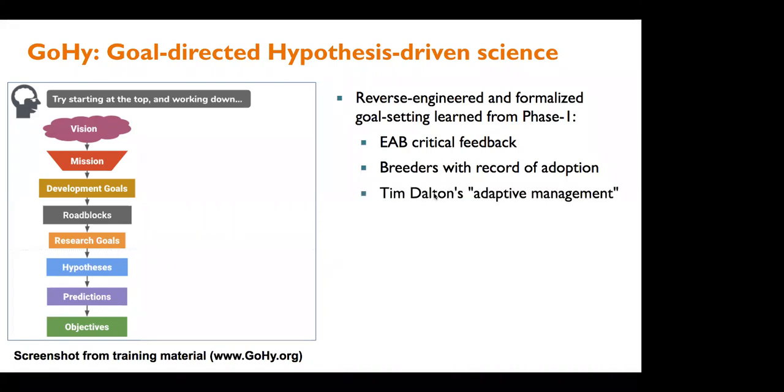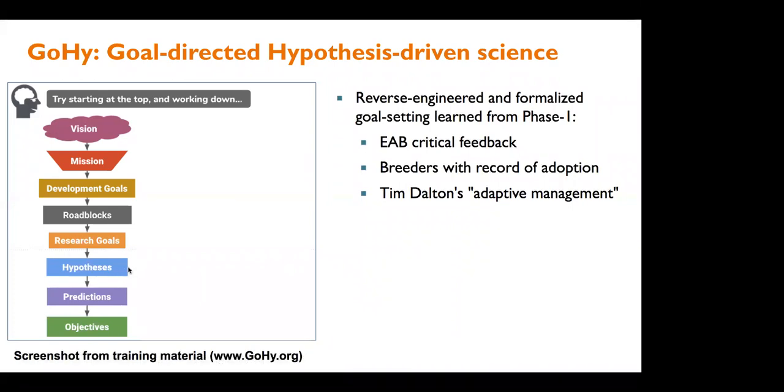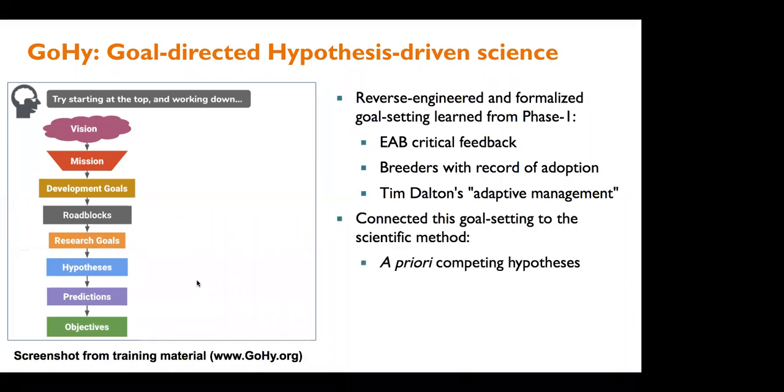And then I really tried to formalize what Tim was doing with me, adaptively managing. I realized he was allowing me to change objectives because I was describing to him hypotheses and how we learned something new about them. And so that gets to the second part, which is connecting goal setting to the scientific method.